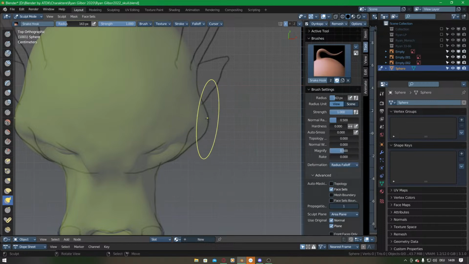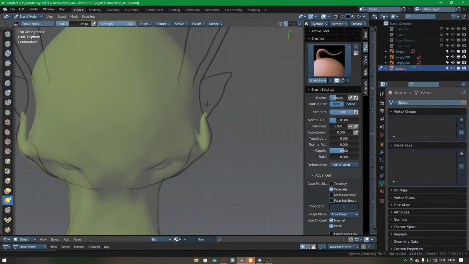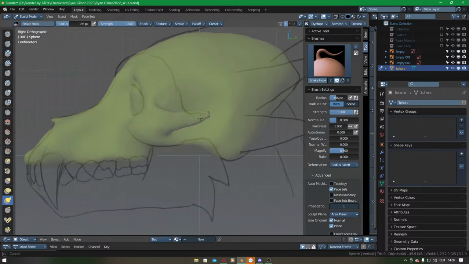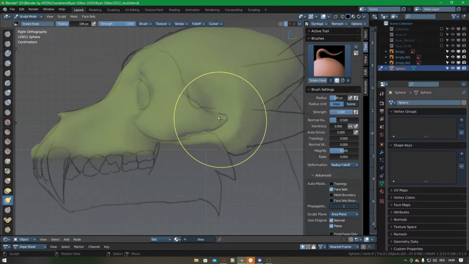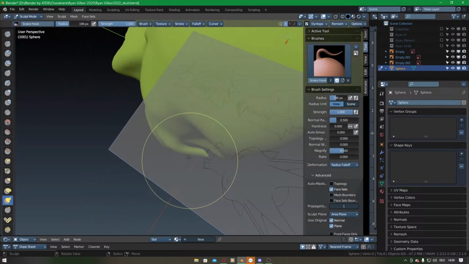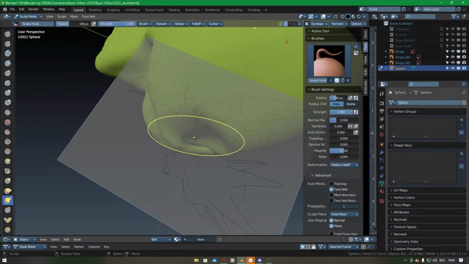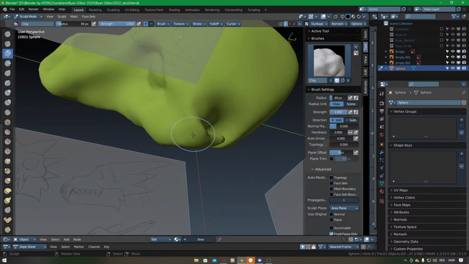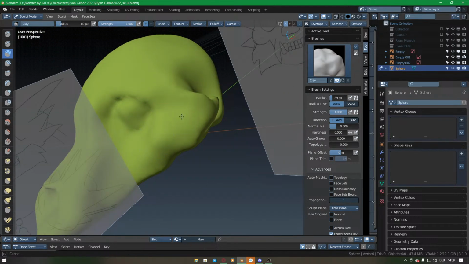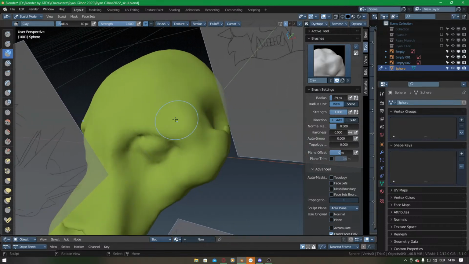I would say I pull out this and the thing is that I am going to retopologize this in the end, so that it will actually fit this whole thing.